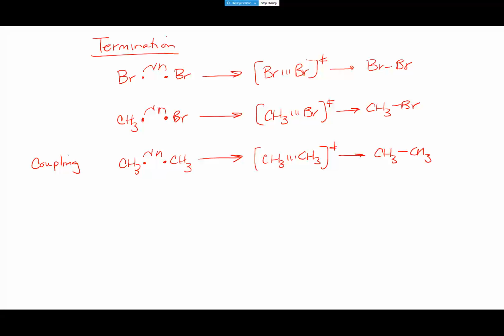Over time you would see the orange color dissipate as you form the product. And when I took the cap off, there would be a lot of smoke coming out, because that's the HBr. There's no aqueous solvent in there to absorb it, so some HBr gas would come out.